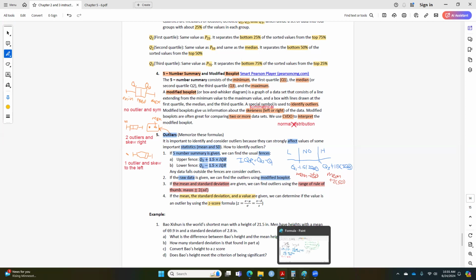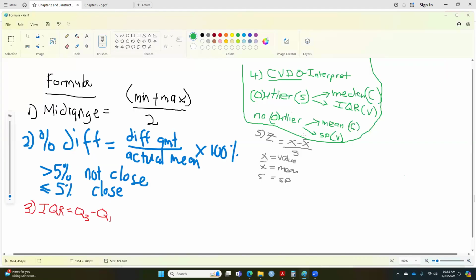Okay, so let me transfer all this into my formula because, as I mentioned, you have to memorize this. I am going to use purple here for number 6. So this is figuring out outliers. It's quite important here. I'm going to draw the picture here.